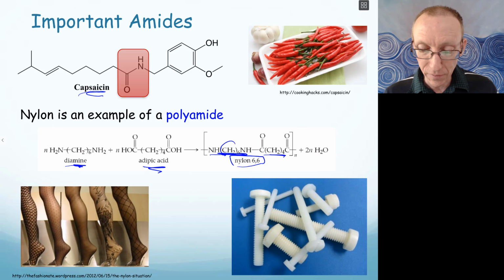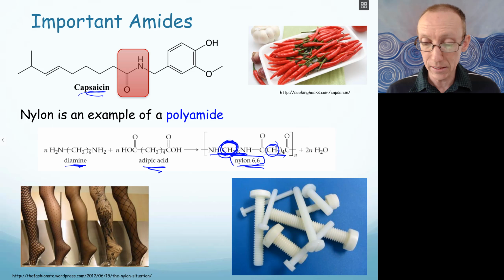And depending on the lengths of these chains, we can make different nylons. So the most common is nylon 6,6. We have 6 carbons in the diamine and 6 carbons in the dicarboxylic acid.